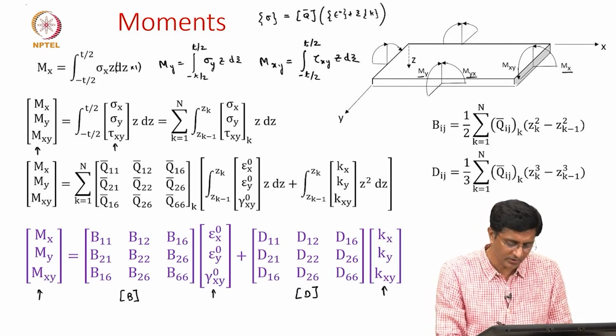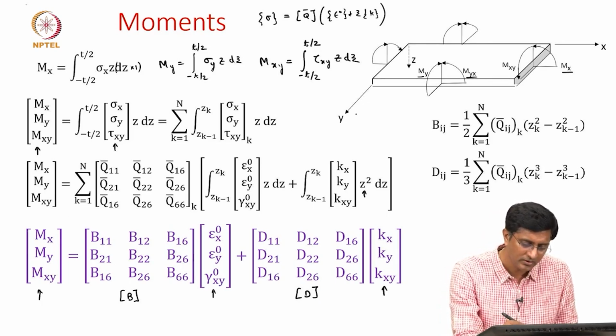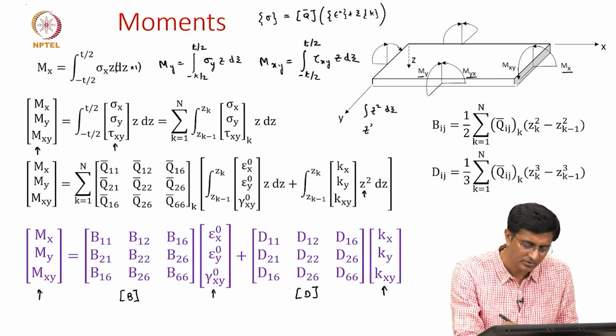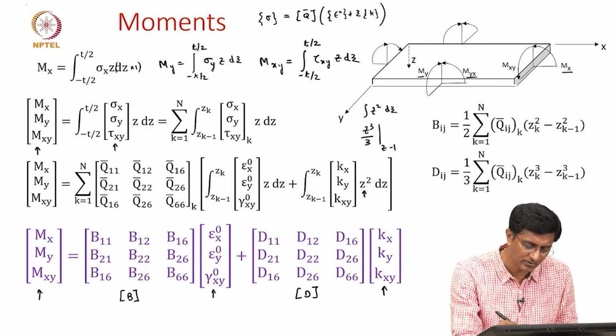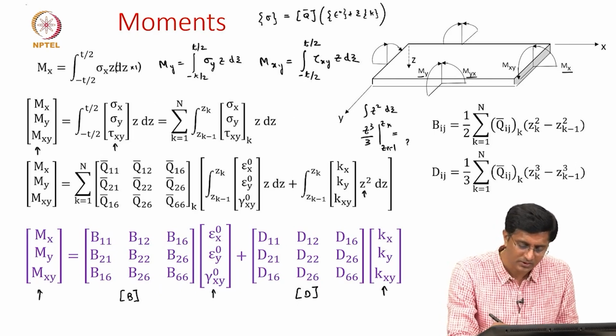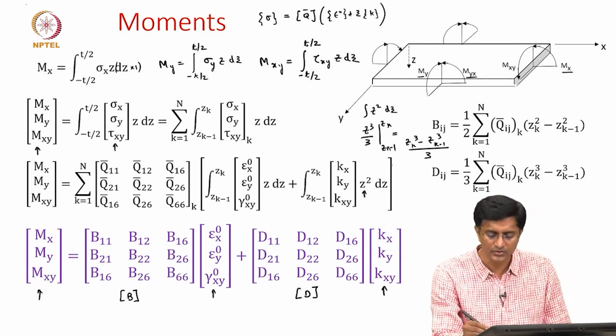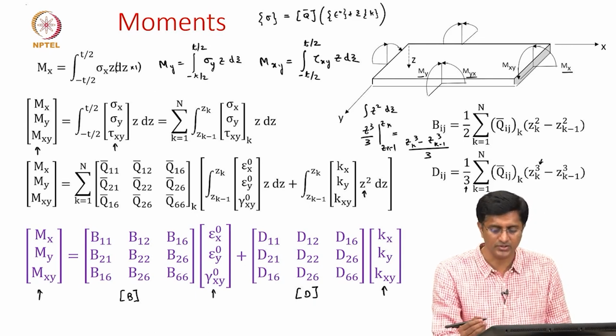The only difference with the D matrix is, here since we have z square in the integral, this integral z square dz will be z cube by 3 going from z k minus 1 to z k, which will be this z k cube minus z k minus 1 cube by 3. So this explains the 3 here and the cubic terms for z values here.